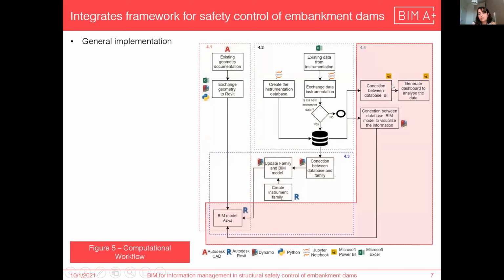And finally, we connect the information of the database to Power BI, a tool for business intelligence to analyze the data, and connect this information to the BIM model again, using a family to visualize in a 3D model the results of the measurements.